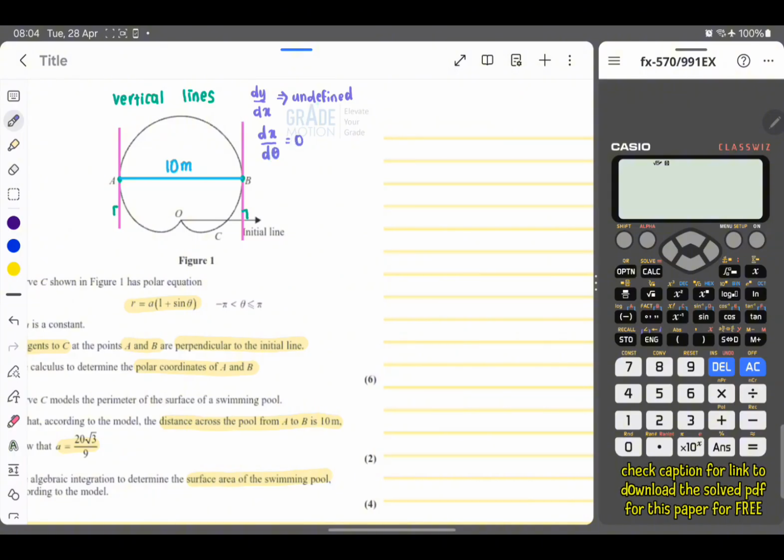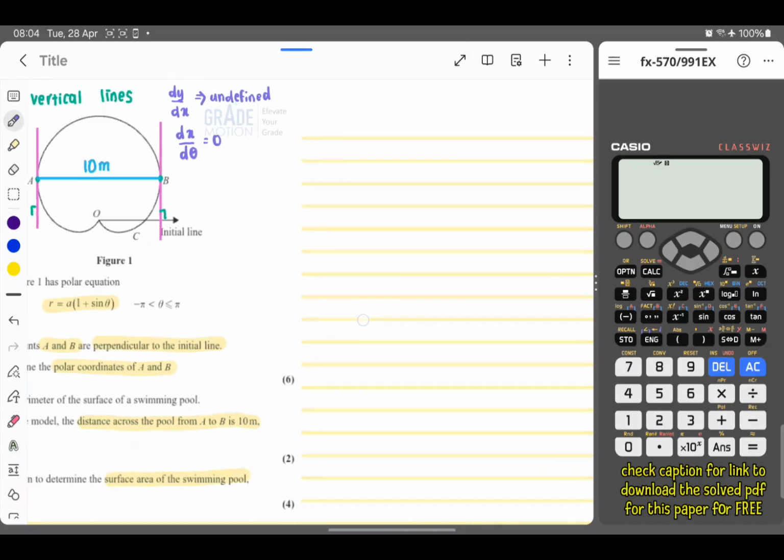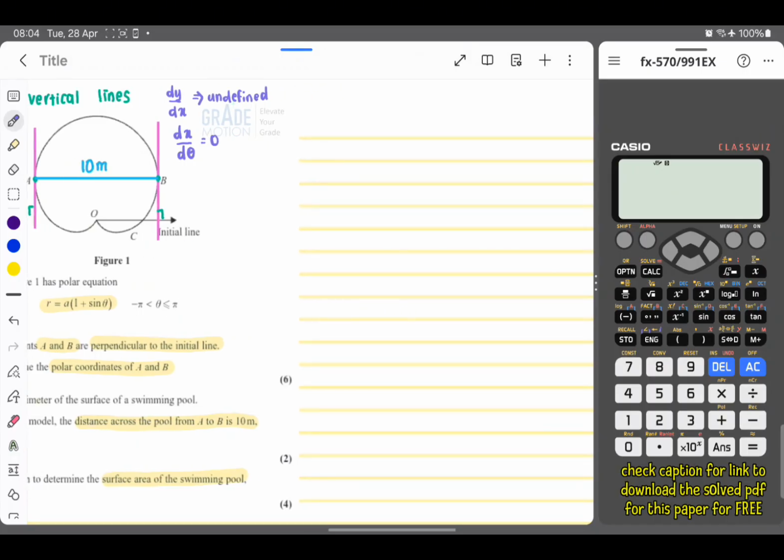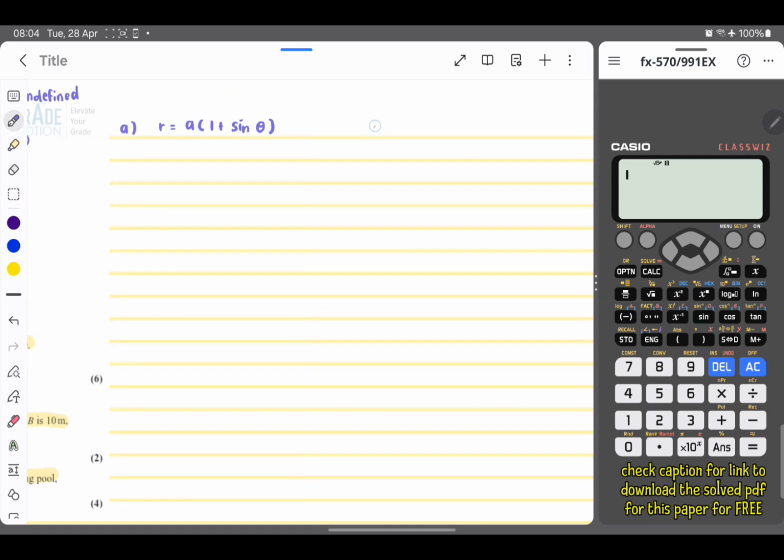So we can find the polar coordinates for A and B using the equation dx/dθ = 0. Let's begin. The equation that we have here is r = a(1 + sin θ). Because we have to find dx/dθ, let's use the definition of x in polar coordinates: x = r cos θ.